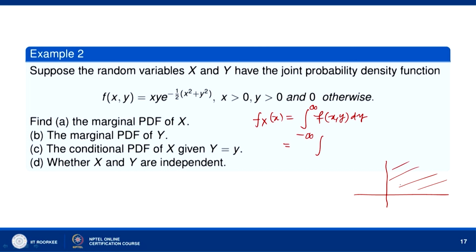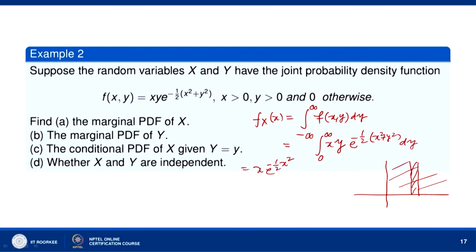Okay. Probability that x equal to x we want, y varies. Okay. So, we take a vertical strip. For the vertical strip in the region x is fixed, okay, y varies from 0 to infinity. So, 0 to infinity x into y e to the power minus half x square plus y square dy. Okay. So, x times e to the power minus half x square we can write outside. Okay.